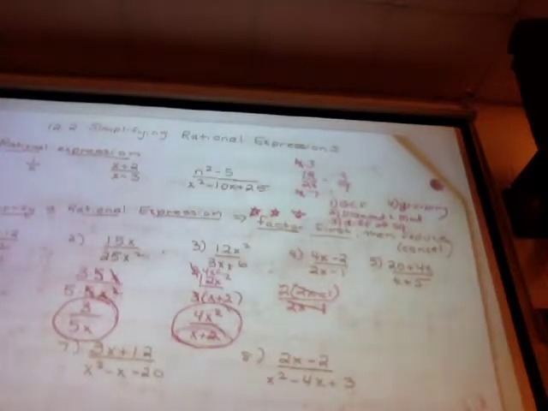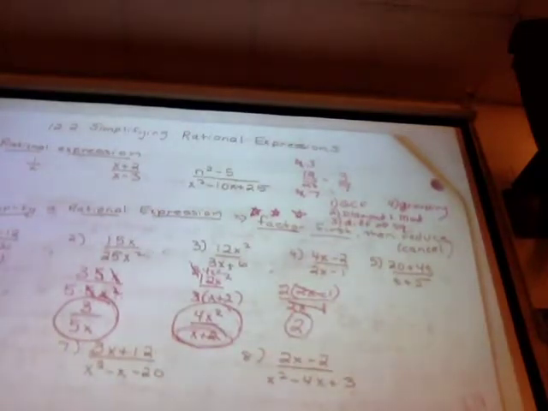Now can I cancel something? Yeah. Since the binomial is exactly the same, you can take off the whole binomial, okay? But over here, you can't just take out the 4 and the 2 because x plus 2 has to be all together. So your answer is just 2.